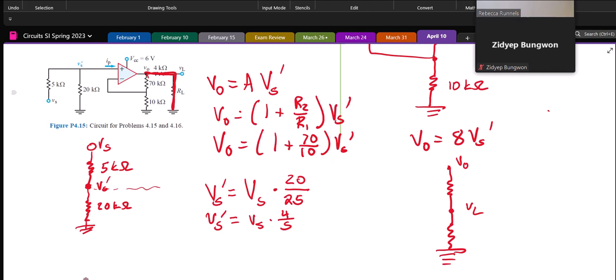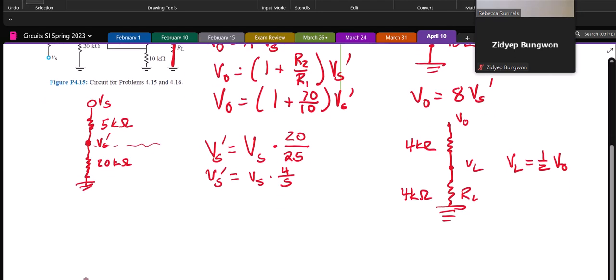So again, I would say that VL equals 1/2 VO because these two resistors are the same. They're both 4 kilo ohms, which I only know because it's supposed to be part of the problem that I left out. So VL is 1/2 VO, and the problem is asking for the gain of VL over VS prime.